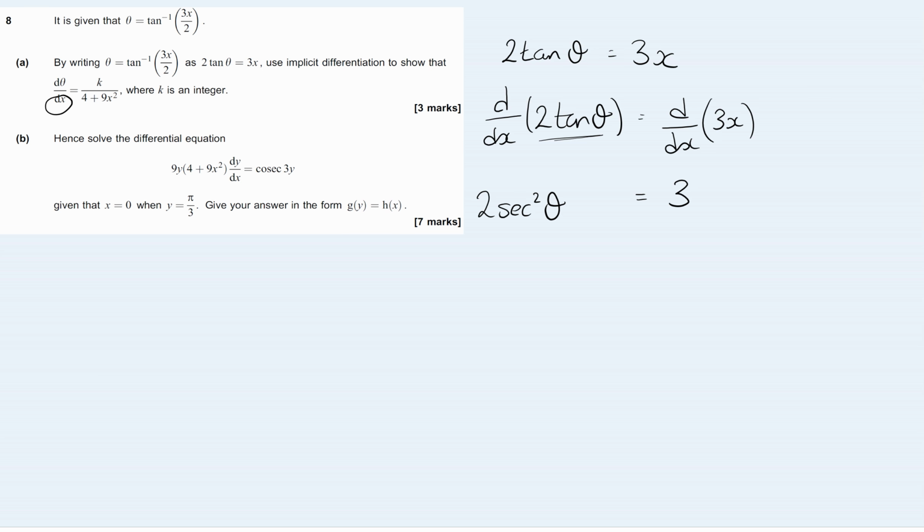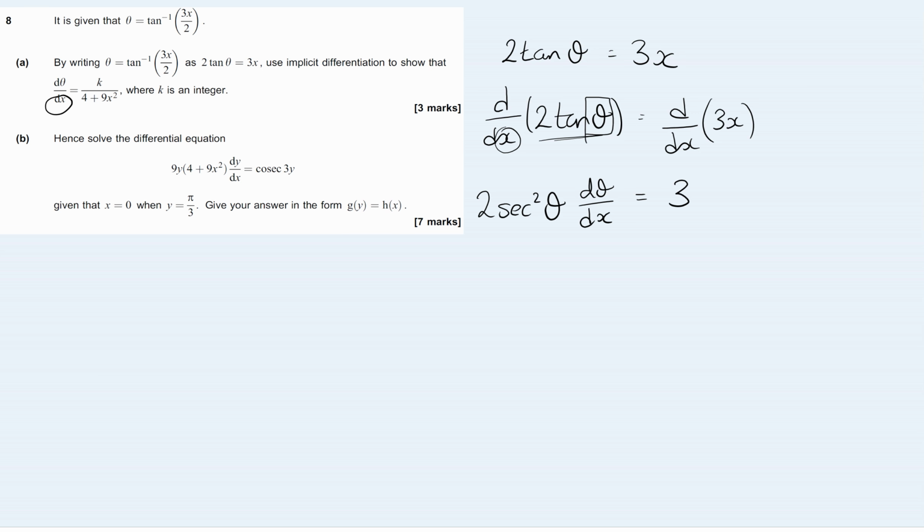And as I say, because we're differentiating with respect to x, but actually we're differentiating a function of theta, we need to multiply that by d theta by dx. So that's implicit differentiation. I know usually in Core 4 the implicit differentiation is using x and y, but in this case we've got a different variable, theta.